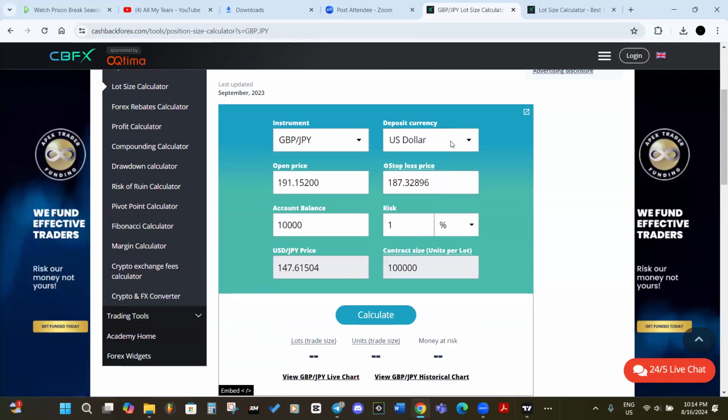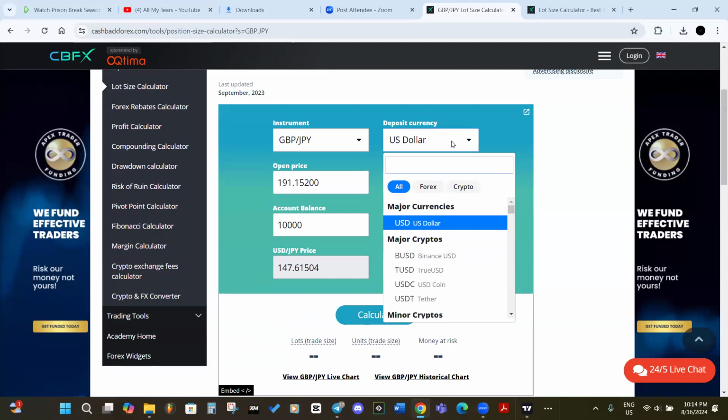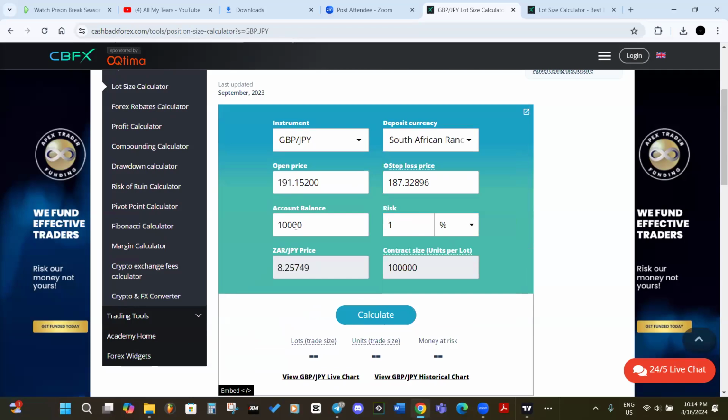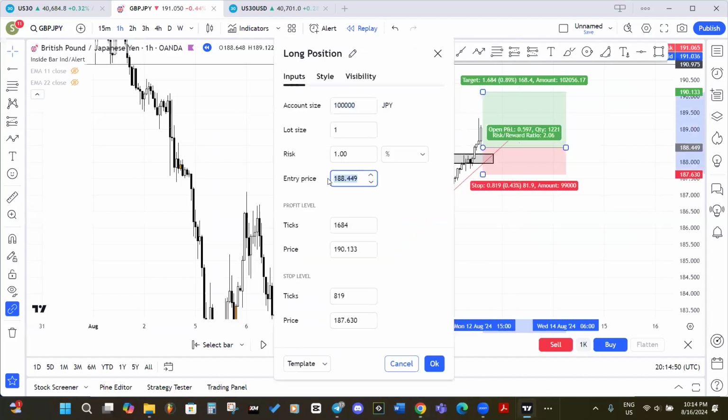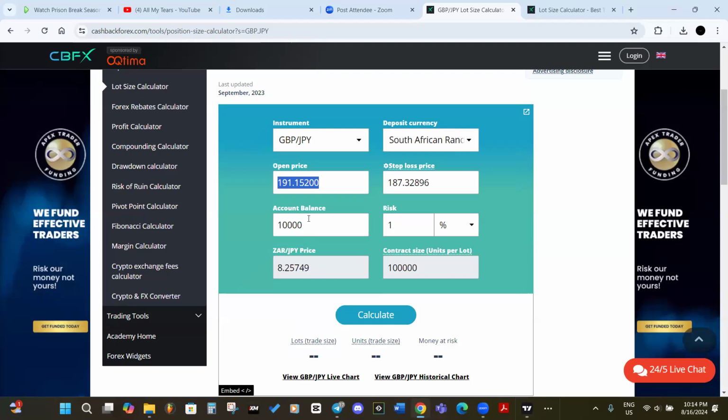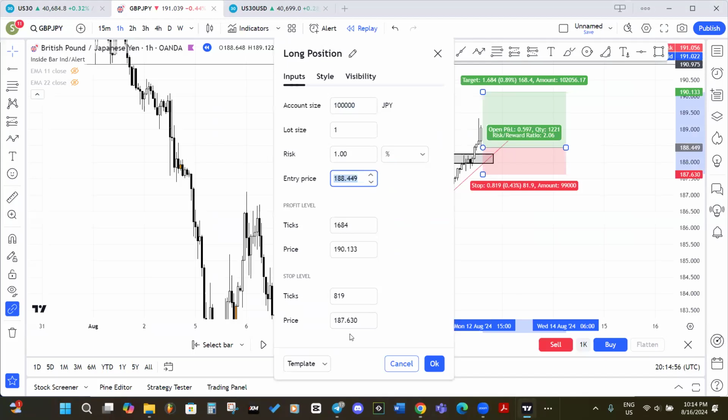So let's just do it again. Let's say we're using the 10K account opening price. Paste it here. Then you copy this.